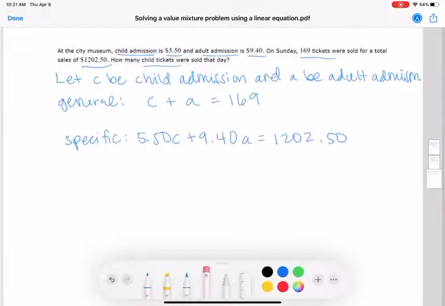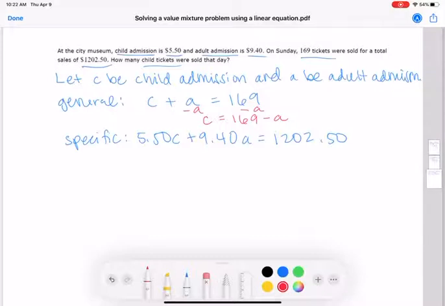So our other ones, we could just take that general and plug it into something in the specific. This one, we have to do a teensy bit of work, okay? Because it doesn't just start right out like that for us. So let's go ahead and solve for C. What that's going to look like is I'm just going to do a little minus A. So C now equals 169 minus A. Okay, so I just solved that equation for C. No reason why.